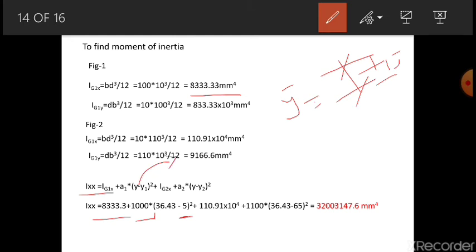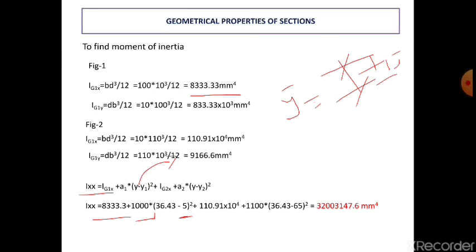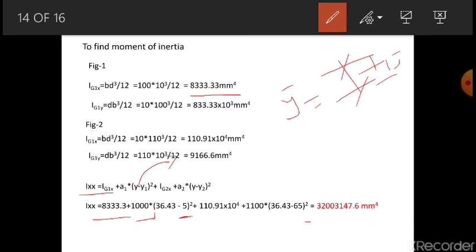While calculating Ixx, that is the second moment of inertia, we will be taking the opposite direction's distances. For Ixx we will be taking y. In the same way, substitute for the second equation, and the sum of it will give you the Ixx here.